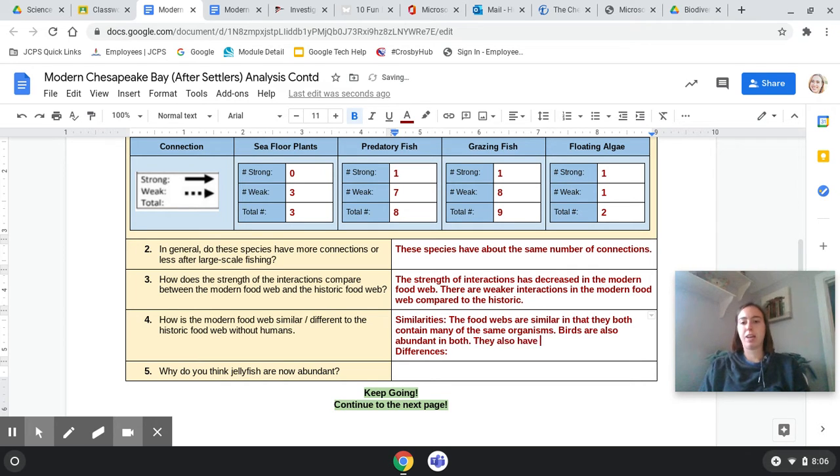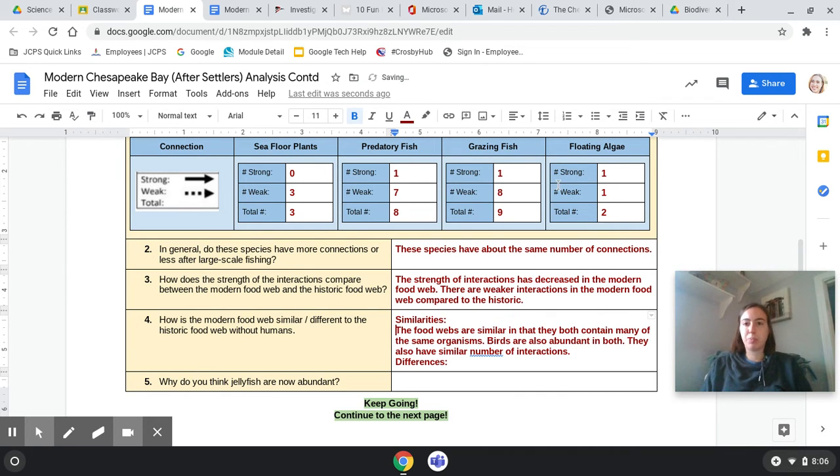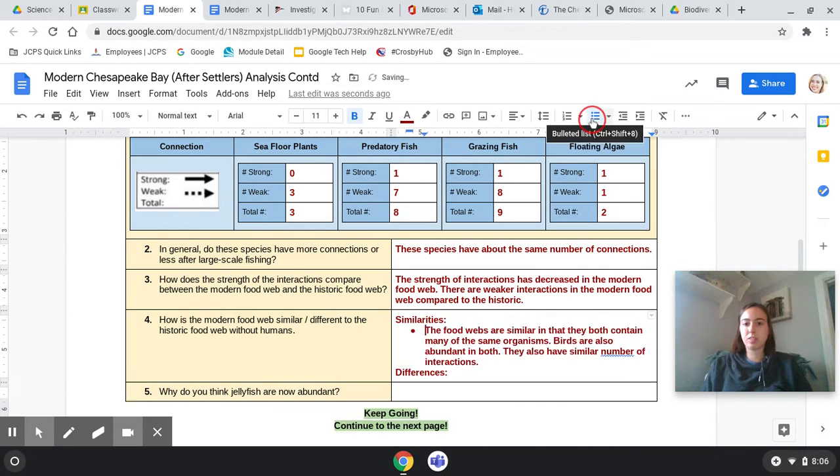They also have a similar number of interactions. So there we've put our similarities. And I will separate that out with bullet points so that we're able to see them clearly.